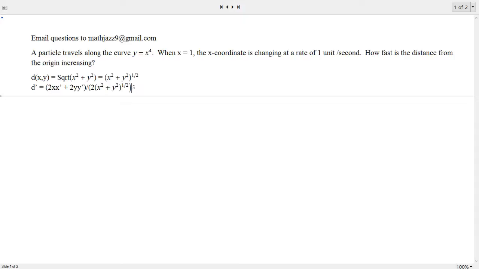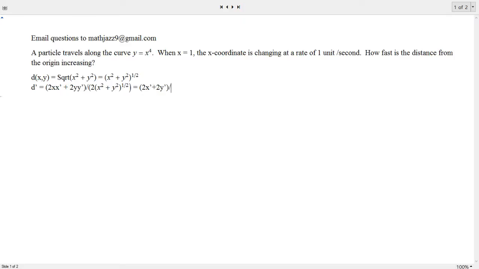But anyway, if we know that x is 1, we can plug in x is 1 now, and we can plug 1 into this equation and get that y is also 1. And we can simplify this. The numerator is 2 times 1 times x prime, so 2x prime, plus 2 times 1 times y prime, so 2y prime.